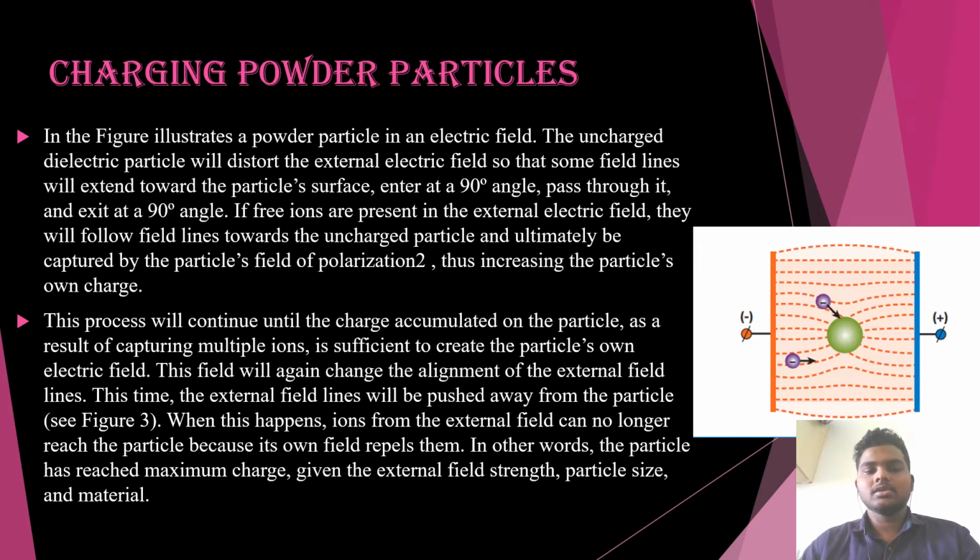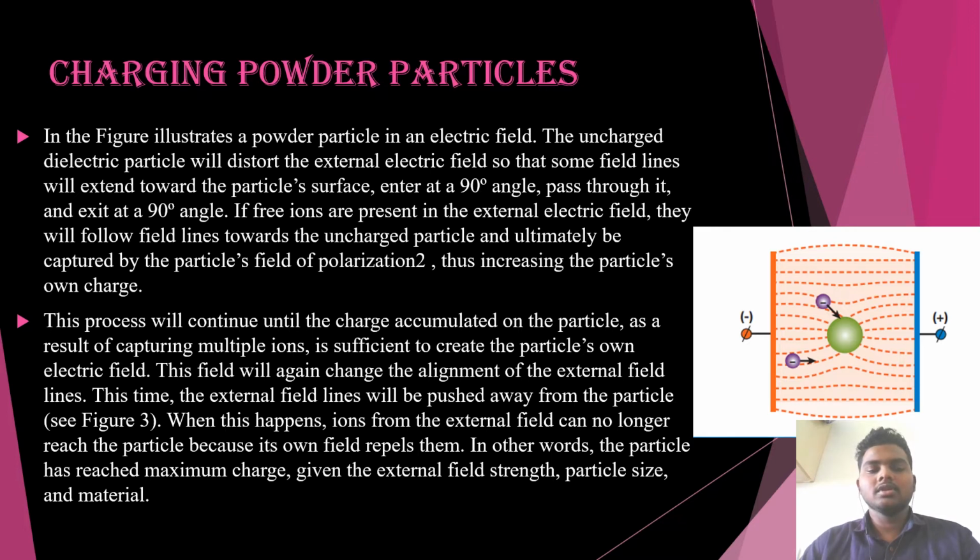If free ions are present in the external electric field, they will follow field lines towards the uncharged particle and ultimately be captured by the field of polarization too, thus increasing the particle's own charge. This process will continue until the charge accumulated on the particle as a result of capturing multiple ions is sufficient to create the particle's own electric field.